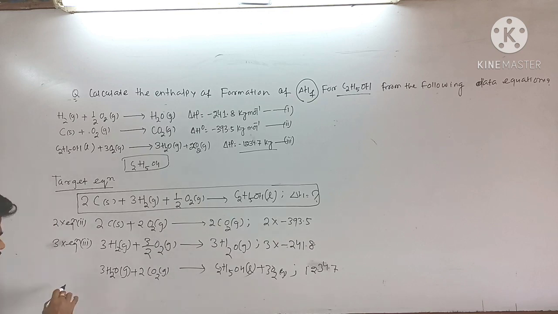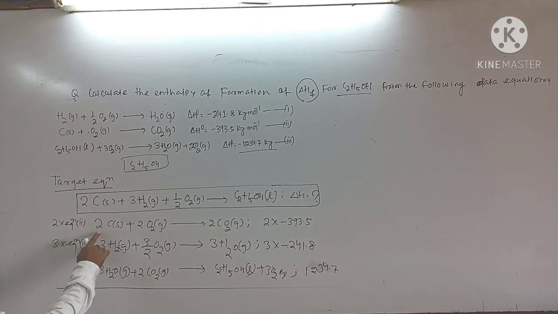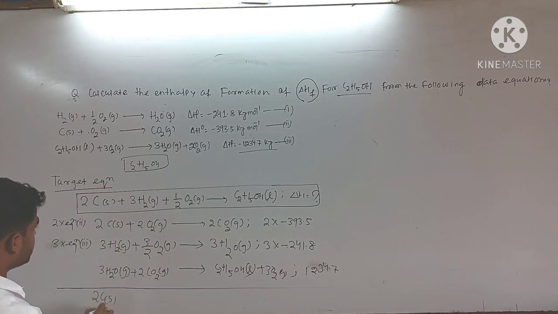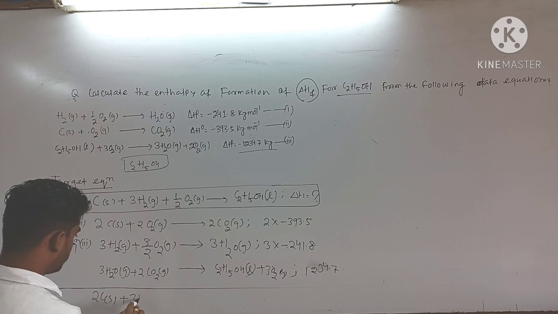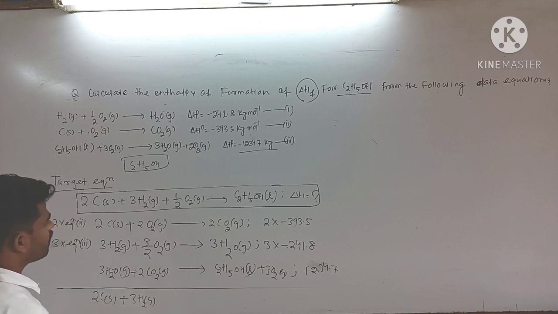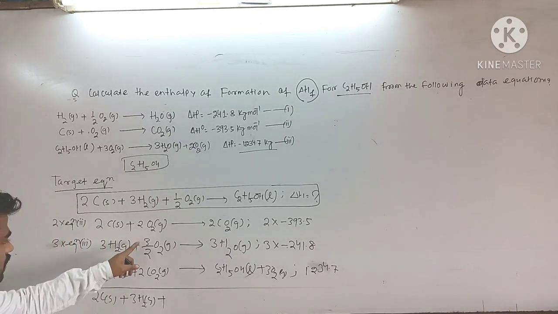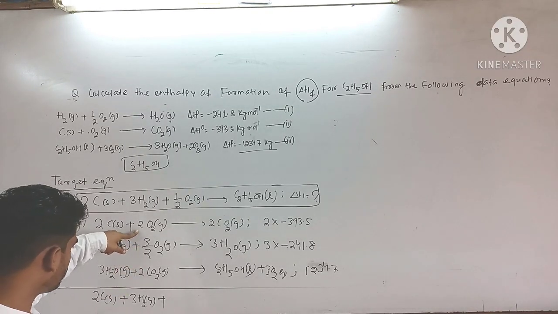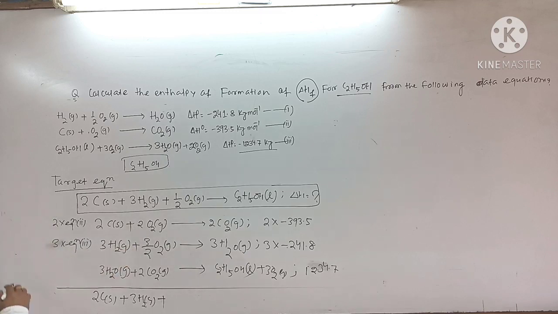Now just add these three equations. What will you get over here? 2C solid, that is present in our target equation. Next 3H2, I need 3H2, it is over here. Plus half O2 I need, half O2 here, 3 by 2 O2 plus 2 O2. Just calculate how much, 3 by 2 plus 2, that will be 7 by 2 O2.